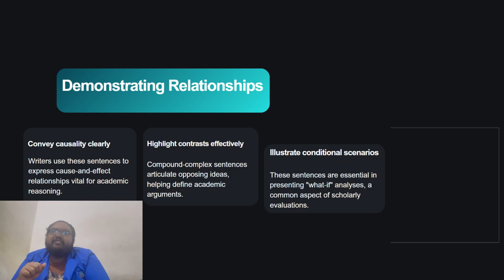Illustrate conditional scenarios. These sentences are essential in presenting what-if analyses, a common aspect of scholarly evaluation.